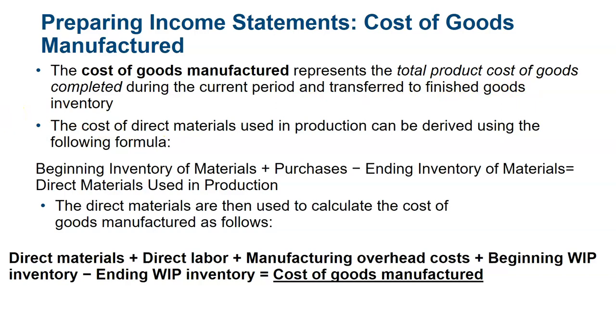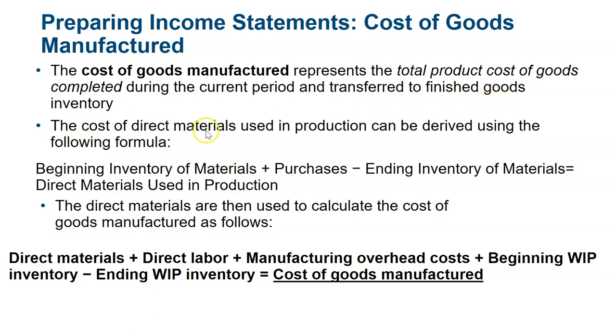It's just that instead of making the finished goods, we just bought them, whether we're a retailer or some type of middleman, wholesaler. But here, cost of goods manufactured represents the total product cost of goods that have been completed in full during the current period, whether that's a month, a year, a week, and transferred to the finished goods inventory.